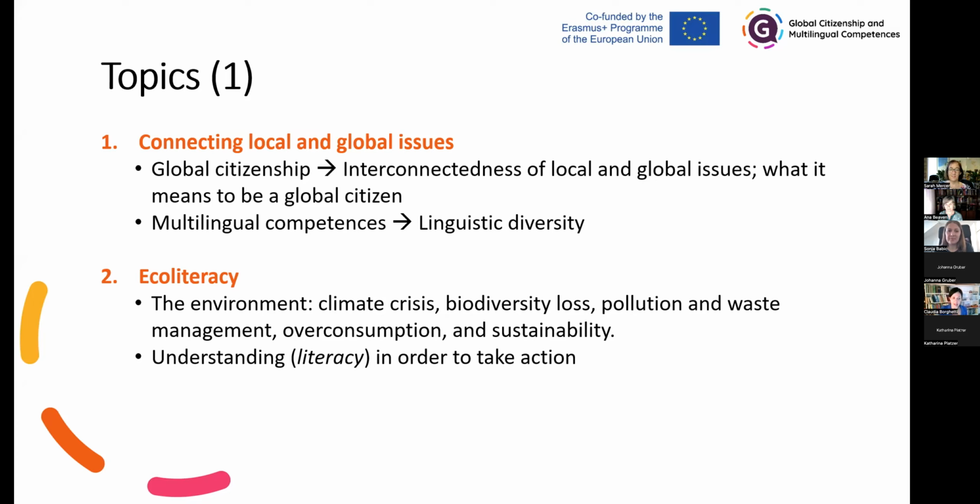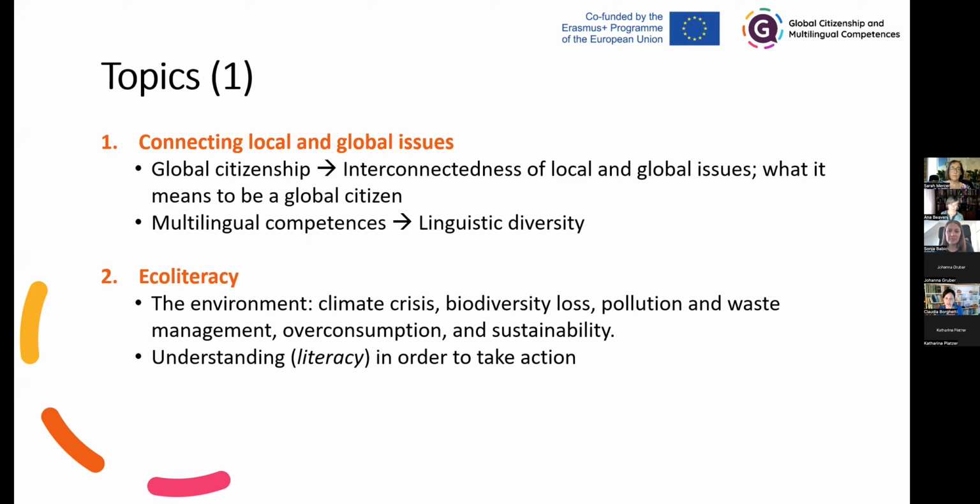The second module, we call it eco-literacy, because it is understanding how the environment is linked to our own lives and make a change. So we need to understand in order to take action.